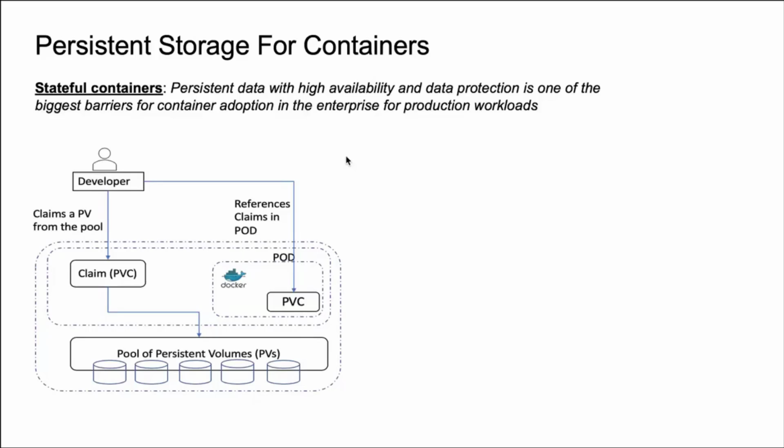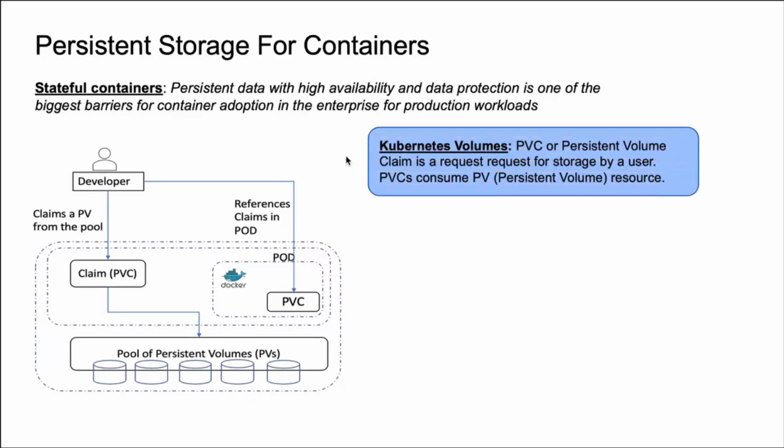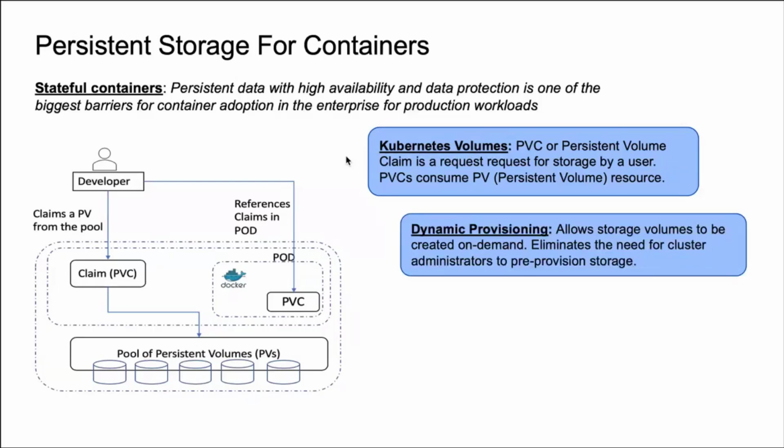So some of the terminologies that we should know are Kubernetes volumes, wherein a PVC or a persistent volume claim, as we just talked about, is a request for storage by a user. So PVCs typically consume a persistent volume or a PV from a pool of volumes. Then we have dynamic provisioning that allows storage volumes to be created on demand.